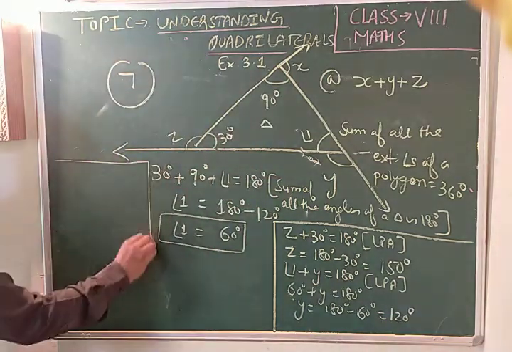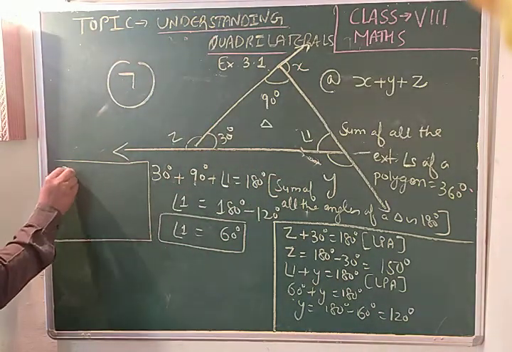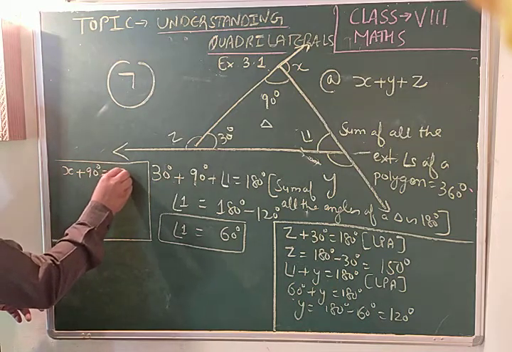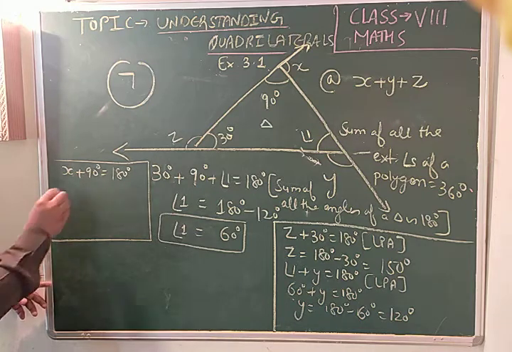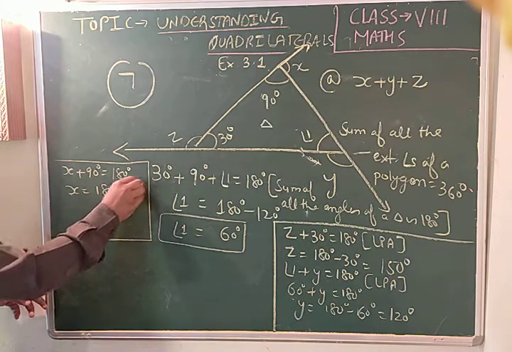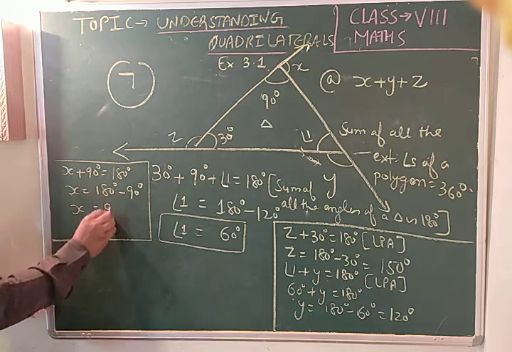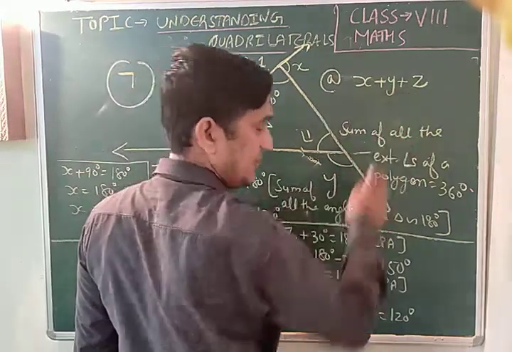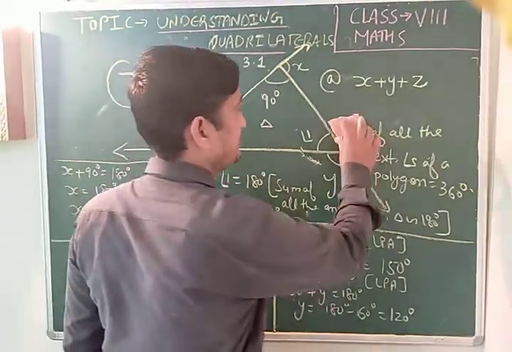And the third one is angle x plus 90 is also equal to 180 degree. Same linear pair axiom. The value of x is 180 minus 90. It becomes 90 degree. Now children, we have to prove the sum of x, y and z. Look.